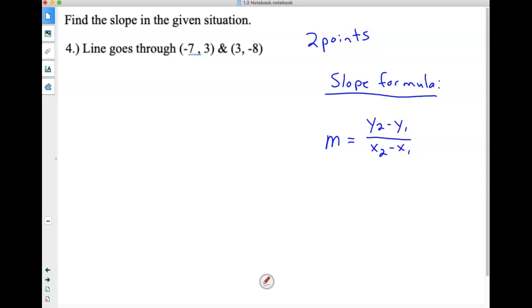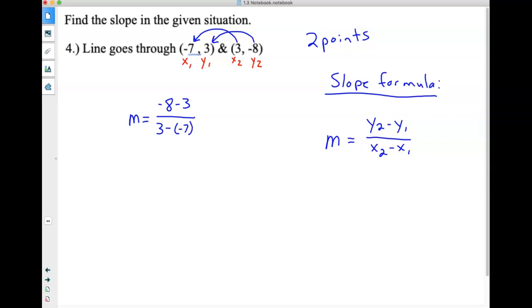So what I always like to do is come up and say that's x1, that's y1, that's x2, that's y2, and then I just plug straight into my formula where m would equal y2 minus y1, so I have negative 8 minus 3 over x2 minus x1, which is 3 minus negative 7.